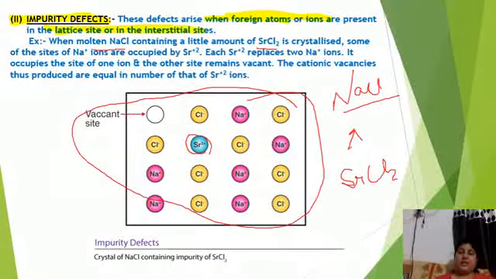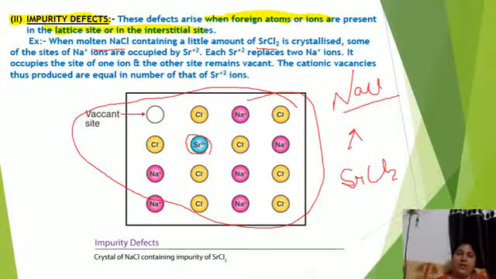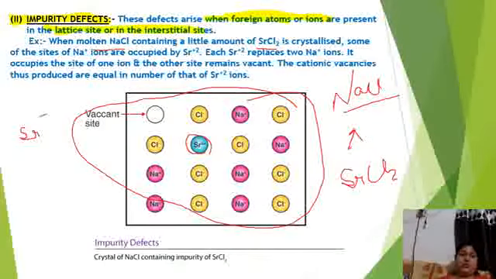So what does this strontium do? It will replace the sodium ion. Chlorine is common, so strontium will replace the sodium ion. But see over here, strontium has +2 charge, while sodium has +1 charge.